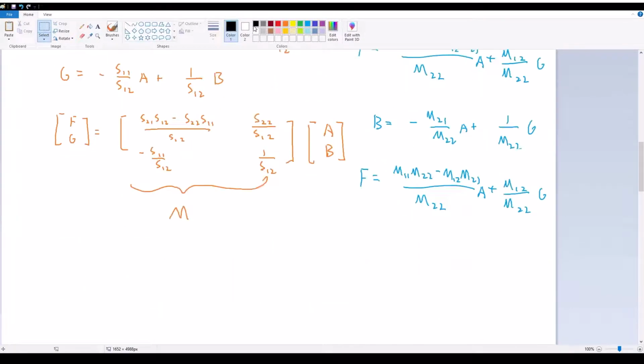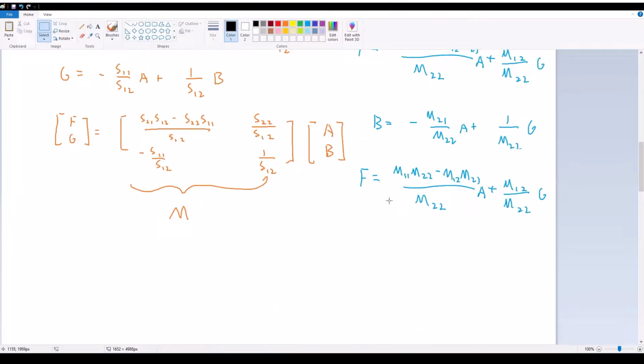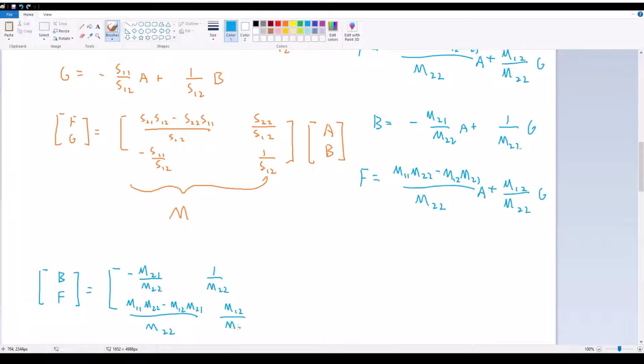So writing this as a scattering matrix now, we get B, F is then equal to negative M21 over M22, 1 over M22, and then M11 M22 minus M12 M21 all over M22, and then M12 over M22.